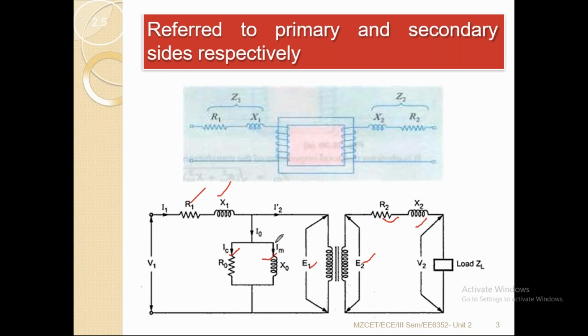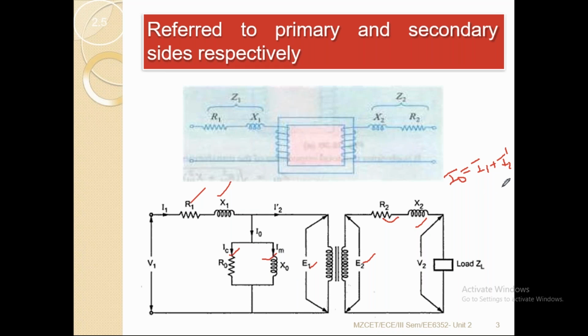Now, if you see here, initially we talked about I0, but I0 is not enough to supply the iron losses. So additionally it requires that current, I0 is equal to I1 plus I2 dash. Why am I representing I2 dash? Here we have iron losses and copper losses, right?